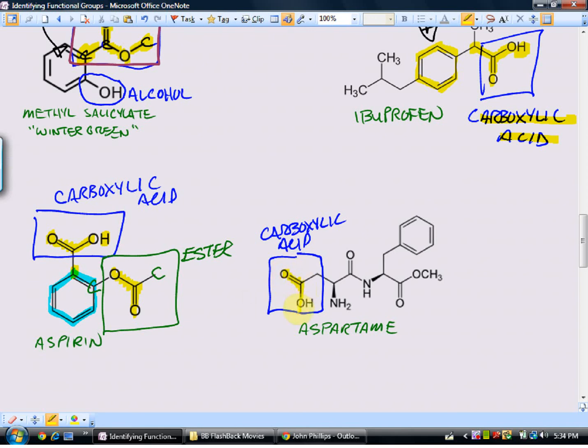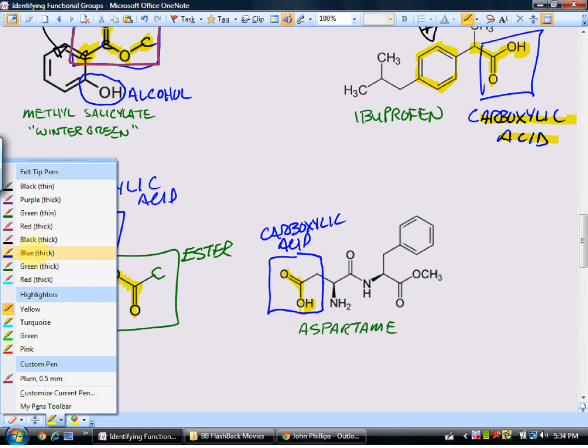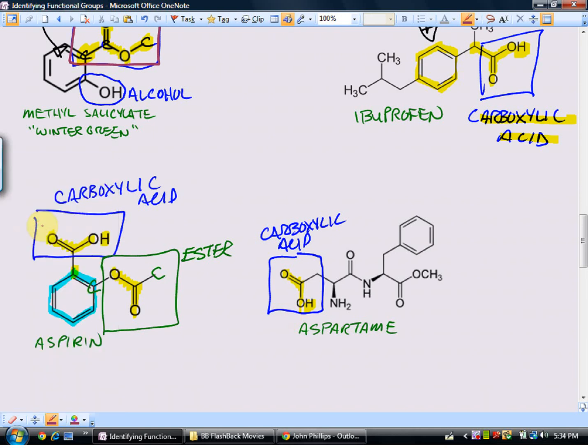Then we've got the carbon-oxygen single bond connected to a hydrogen. That's got to be a carboxylic acid. What do we see next? So now we look here. Got a carbon here, carbon here, carbon here. So we've got another group here. This is carbon connected to nitrogen connected to hydrogen. That is our friend, the amine.